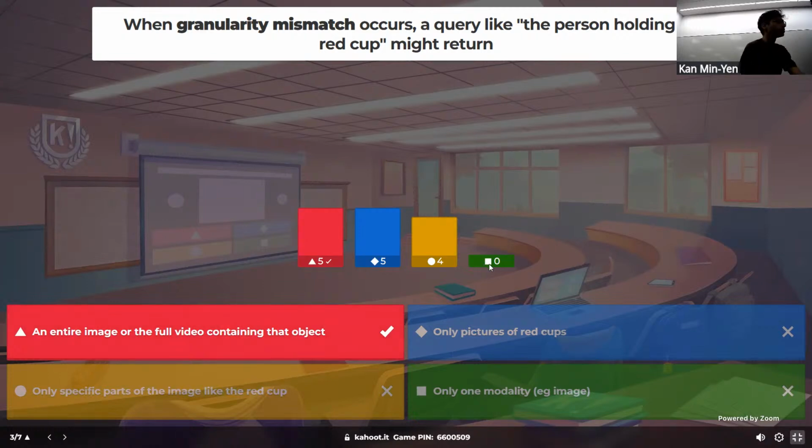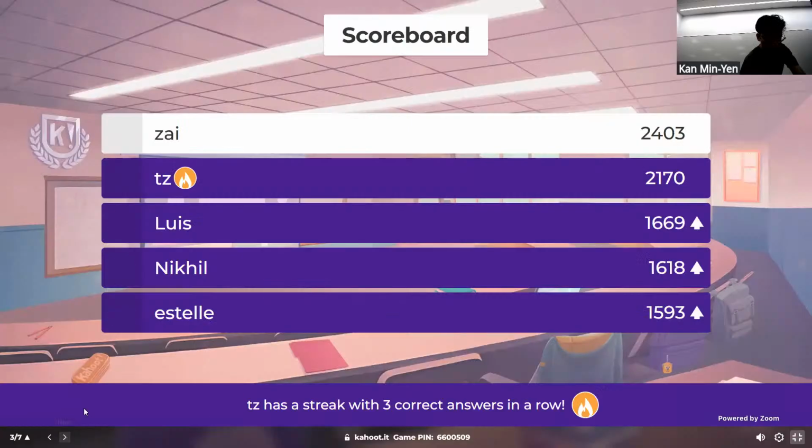So granularity mismatch is basically if you want to ask for a very specific thing in an image, but if you just go by the words, it might retrieve everything that's relevant. So like everything with a person or a red curve. So you might get the entire image when you're only looking for a subset of the image. So that's the red option. And Sai is still at the top of the leaderboard.